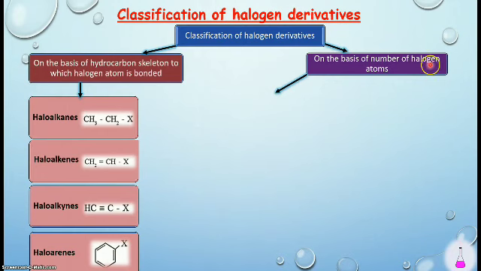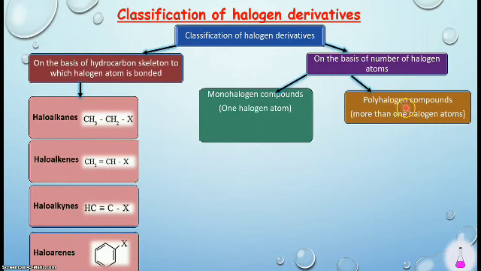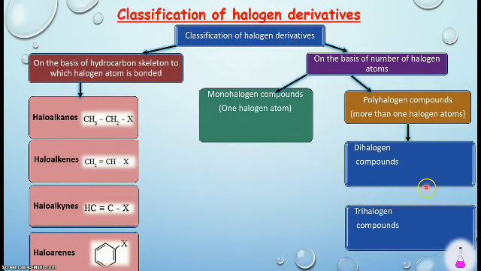On the basis of the number of halogen atoms, halogen derivatives are monohalogen compounds, which contain one halogen atom, and polyhalogen compounds, which contain more than one halogen atom. Under polyhalogen compounds, halogen derivatives are dihalogen compounds, trihalogen compounds, or tetrahalogen compounds. In dihalogen compounds, two halogen atoms are present.